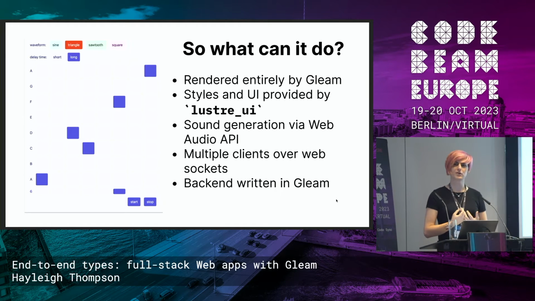The sound generation is happening through Gleam's FFI to JavaScript, calling the Web Audio API. We have these multiple clients connected over WebSockets, and the backend is written in pure Gleam as well. So we're not depending on any Erlang or Elixir for that.